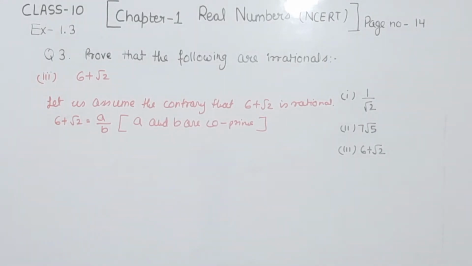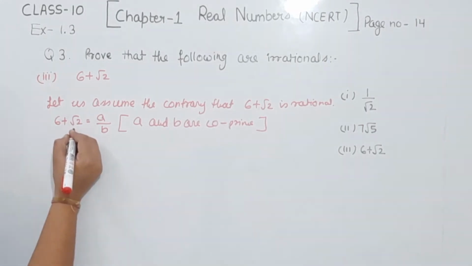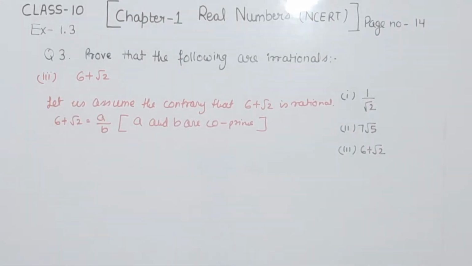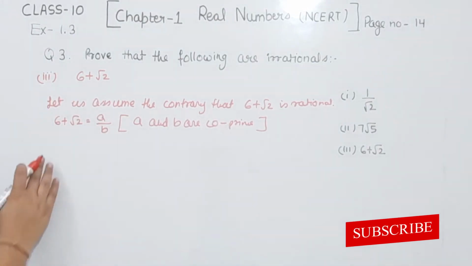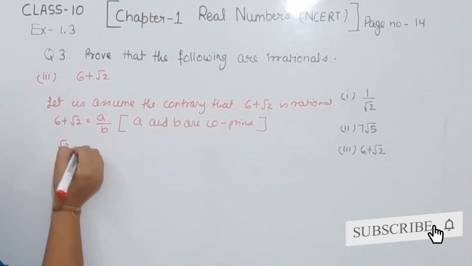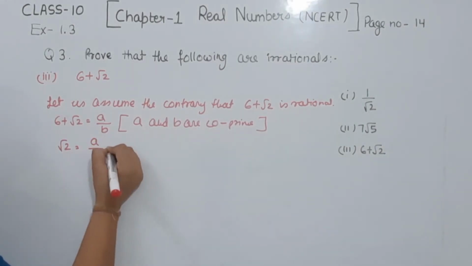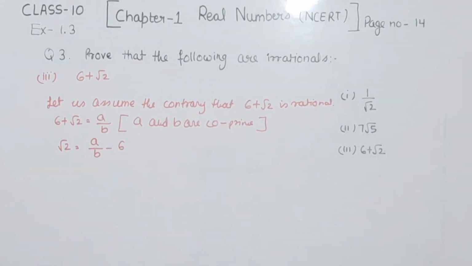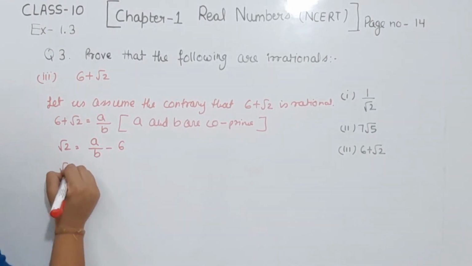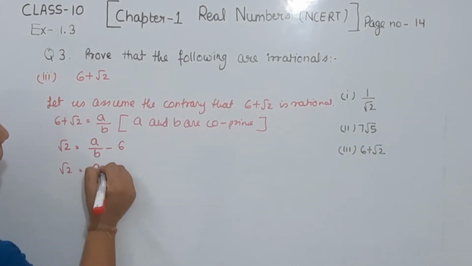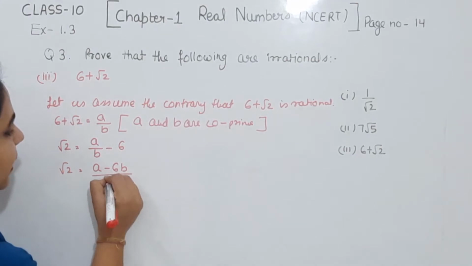Now we transpose this 6. So we will have root 2 equal to a by b minus 6. Now we solve this: root 2 is equal to a minus 6b by b.